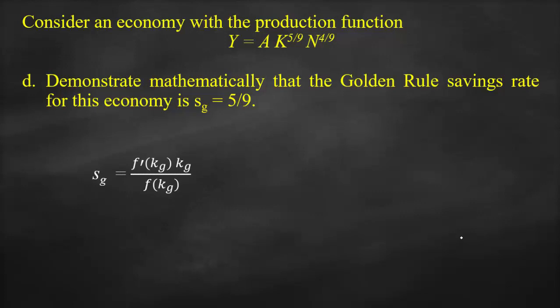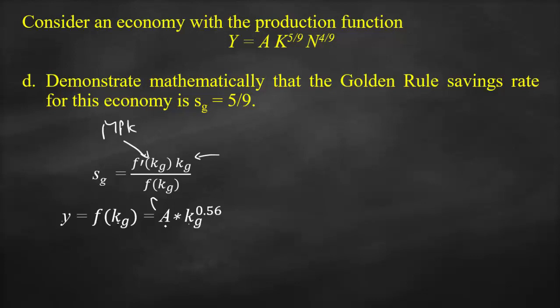So we said that our saving rate at the golden rule is the MPK, which is the first derivative of our production function, multiplied by our capital divided by our production function. So we know that this is our production function per capita, our little y, which is a function of capital, equals a k to the power 0.56. And we write this little g to refer to the golden rule.